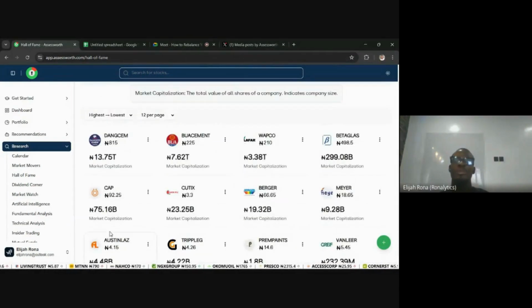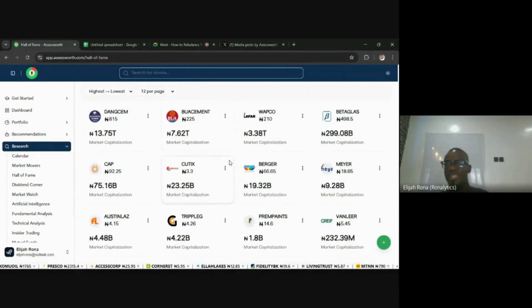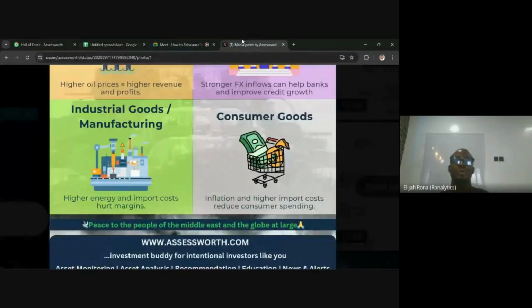So these ones, because you know that for Dangote Cement to operate, they need energy, they need logistics to transport cement. And fuel price has already gone up. So logically and rationally speaking, in as much as we are expecting higher revenue, the expenses, international, not just nationwide, should also go up, right?